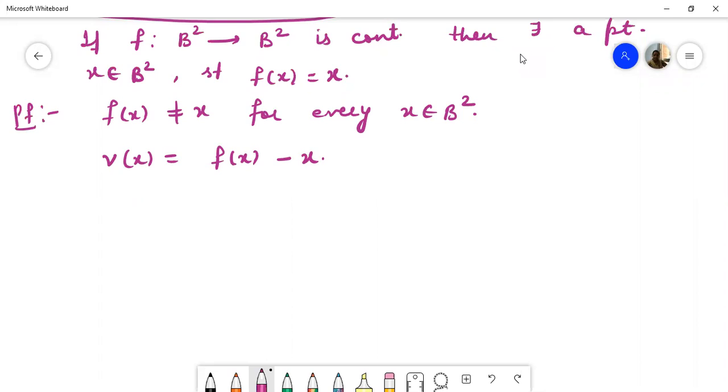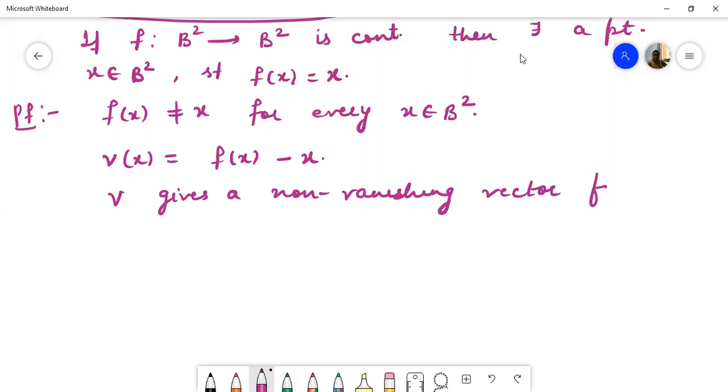Because for every point x in B², f(x) is not equal to x, if we define v(x) = f(x) − x, then it will be non-zero everywhere. So basically this v gives a non-vanishing vector field on the space B². Then by our previous result, if v is a non-vanishing vector field, then it cannot point directly outward.